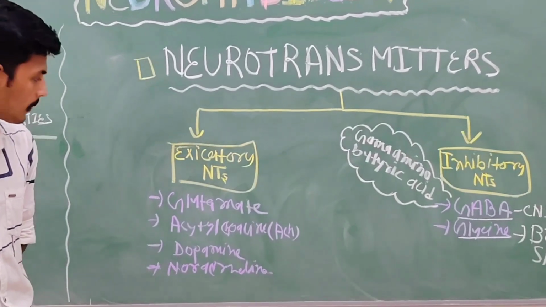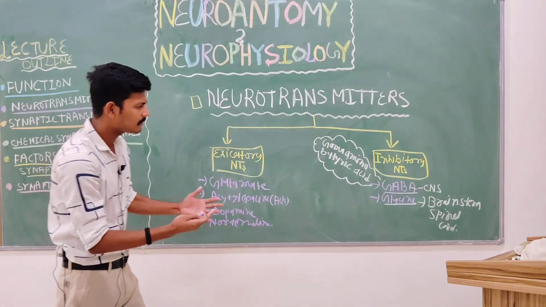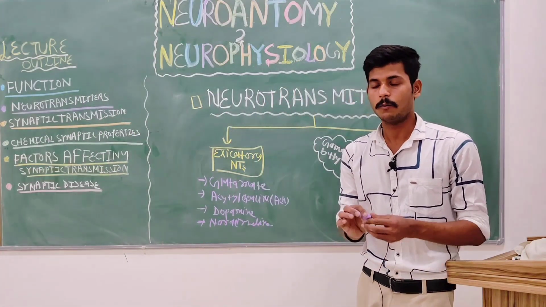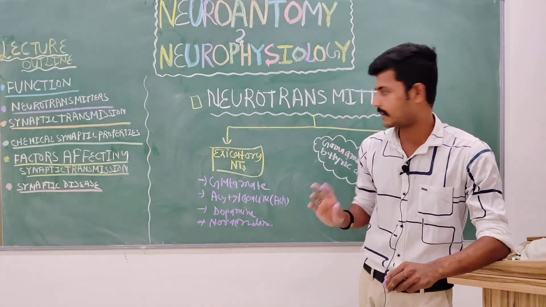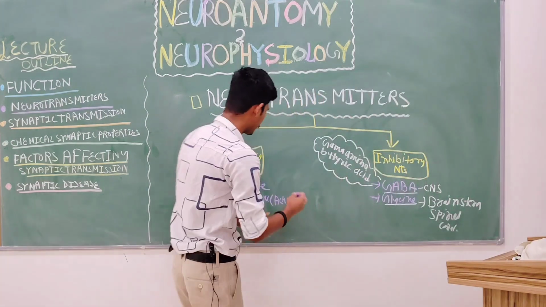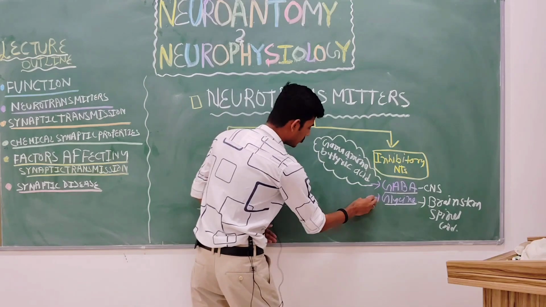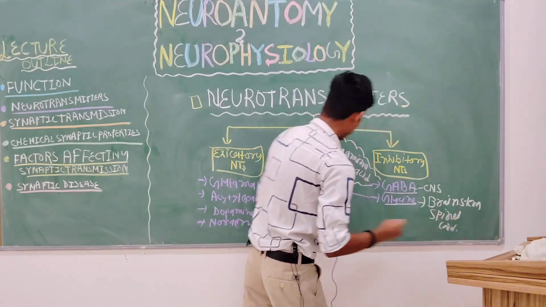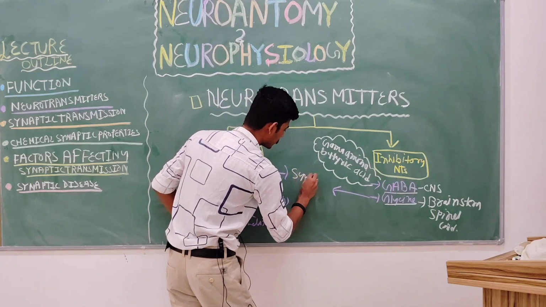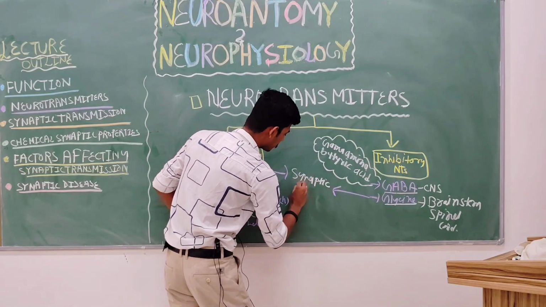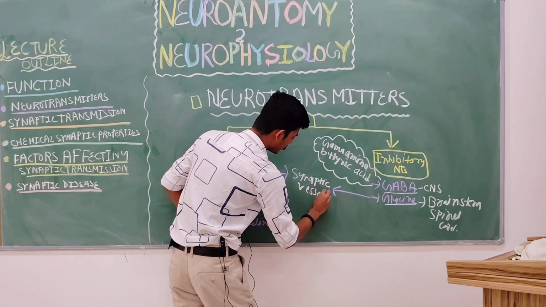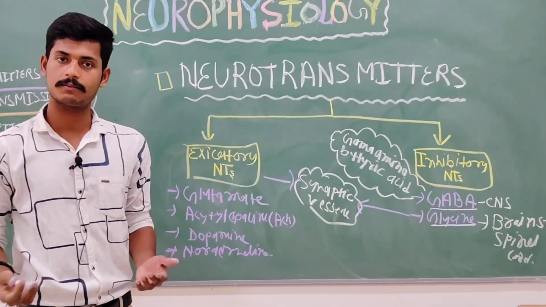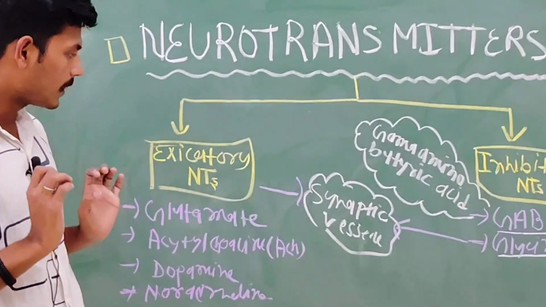understood, no problem. Now where they are forming, which place they are forming, we know that they are stored in the synaptic vesicles. If we talk about their storage, both are stored in their respective synaptic vesicles.